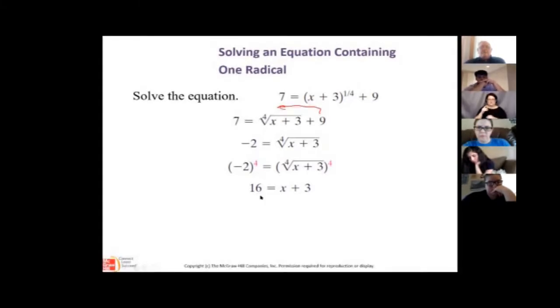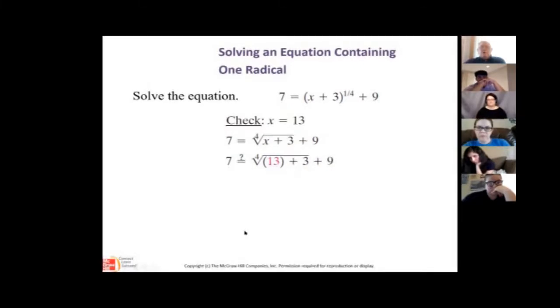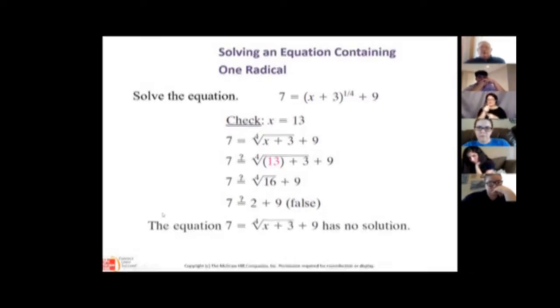In this case, it'll give me positive 16. We take the 3 over, and then we check it to see if it works. In this case, we got a falsehood when we put that 13 in there, so there is no solution on this problem.